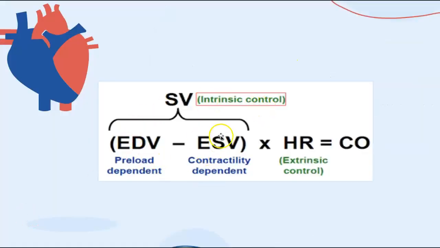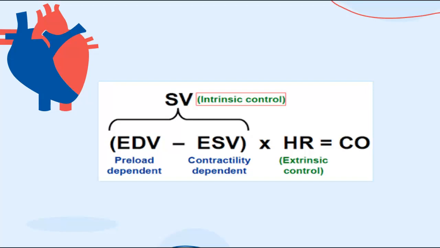But here we have an equation that will help us to exactly calculate the stroke volume. It is the end diastolic volume minus the end systolic volume.